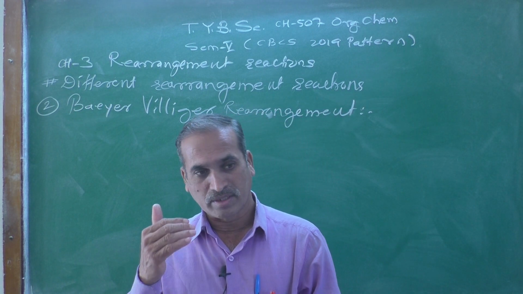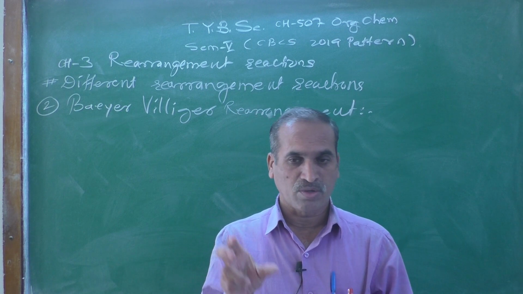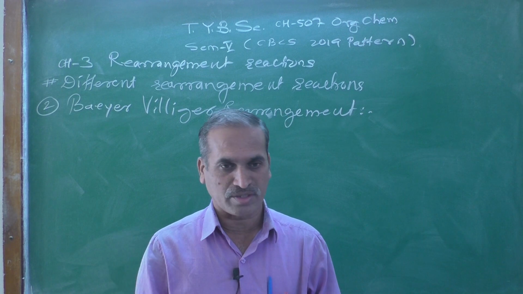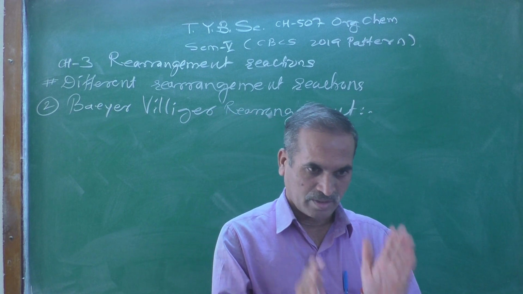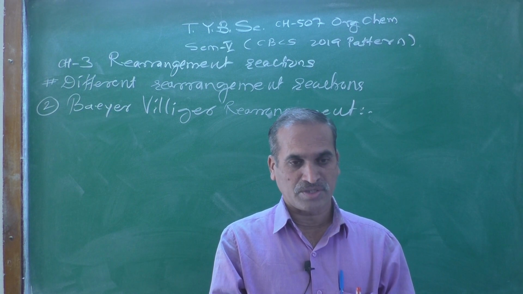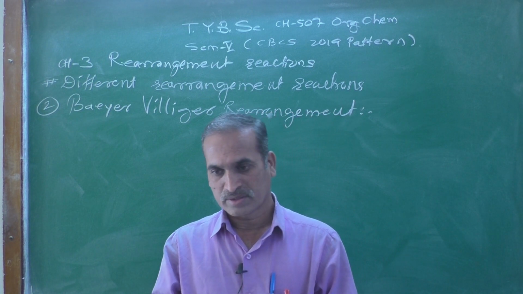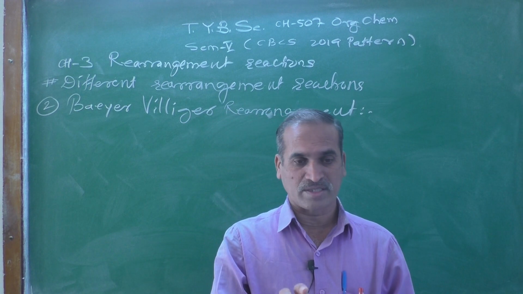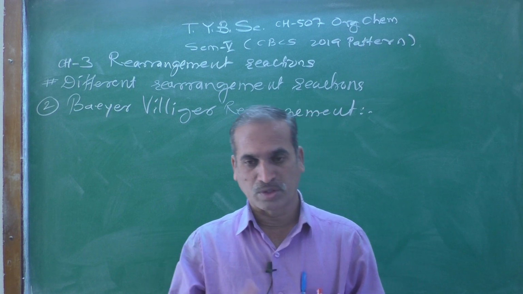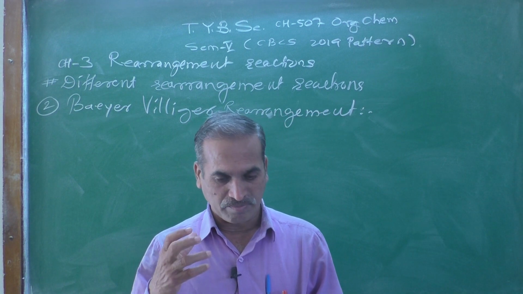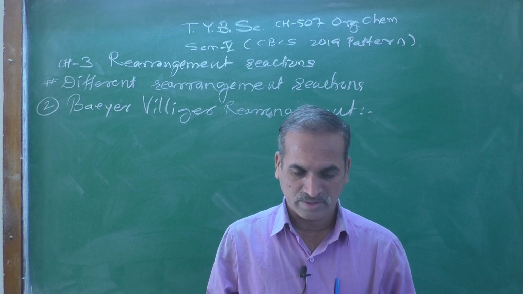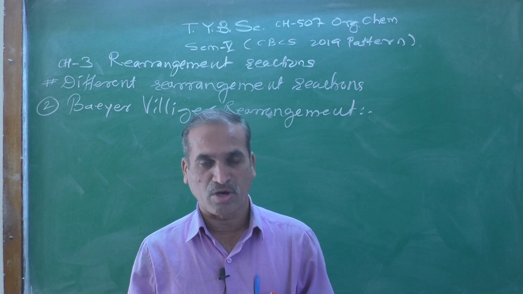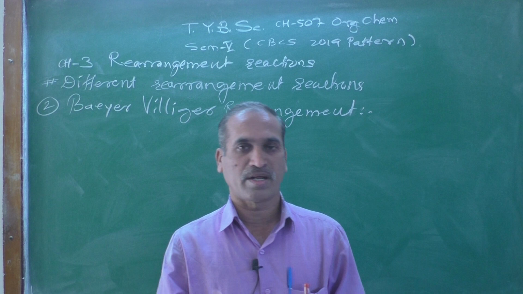What kind of precursor is used here, what type of reagent is used, what is the reaction condition, how does the carbon skeleton change before and after the reaction, what is the migratory aptitude, what is the stereochemistry involved, and what are the applications of Baeyer-Villiger rearrangement reaction?